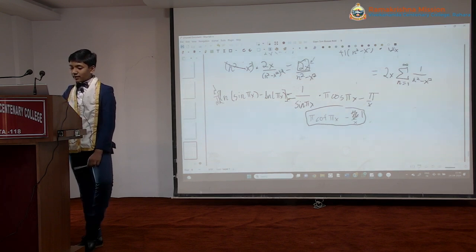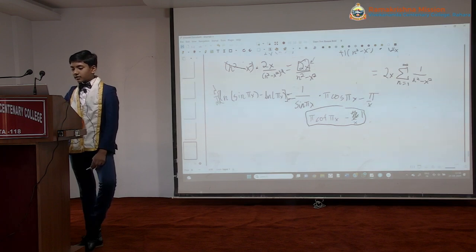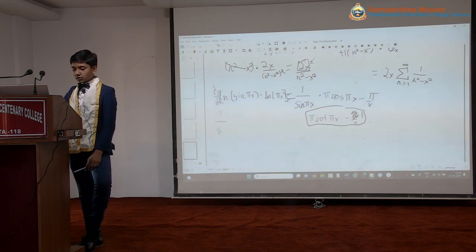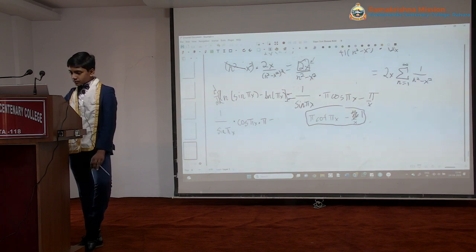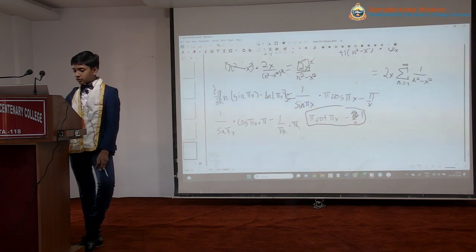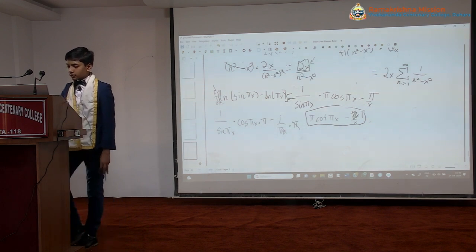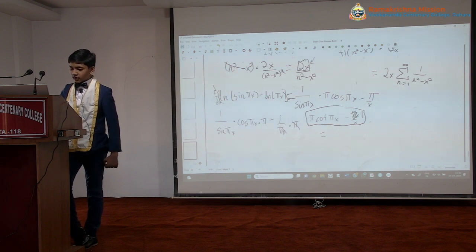I'm pretty sure this is correct, but I have to be totally sure, so that I don't mess something up later on. So this is going to be cosine pi x, and then this is going to be pi minus ln of pi x. Well, that's just going to be 1 over pi x times pi. So, yep, that's totally correct. Thank you. All right. So, looks like whoever said pi over x forgot to apply the chain rule.